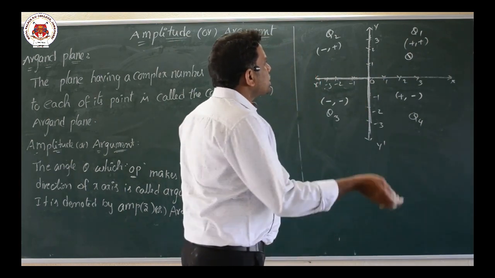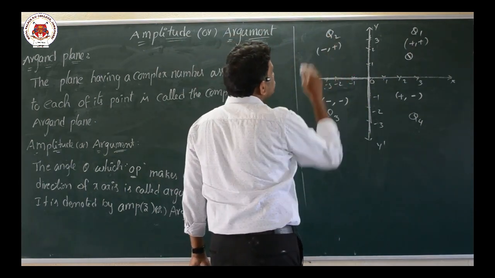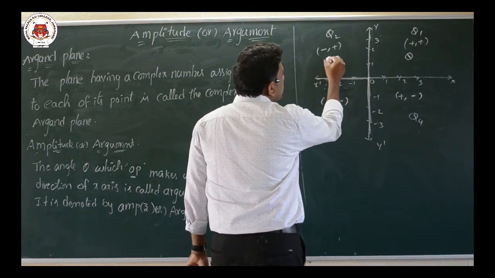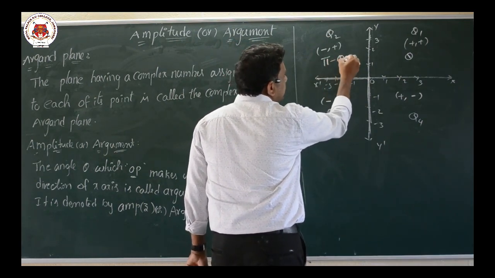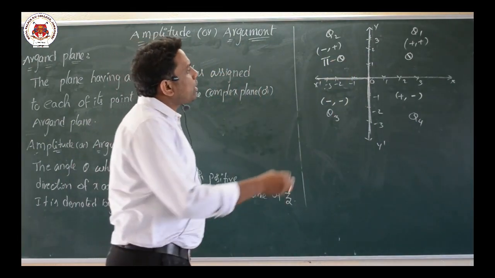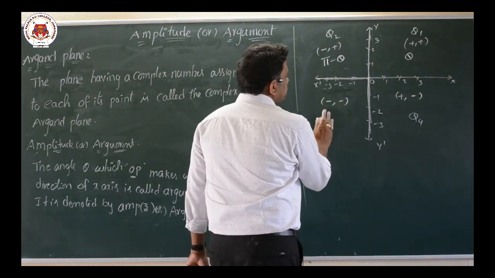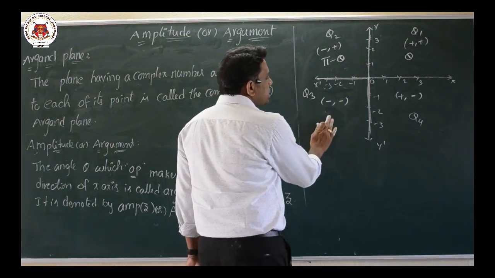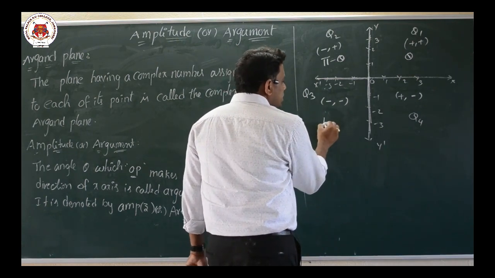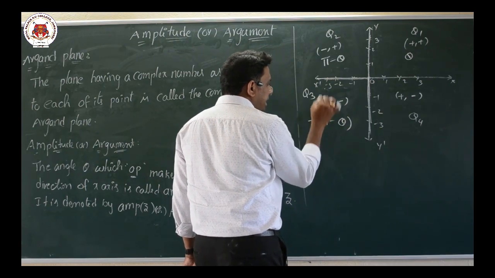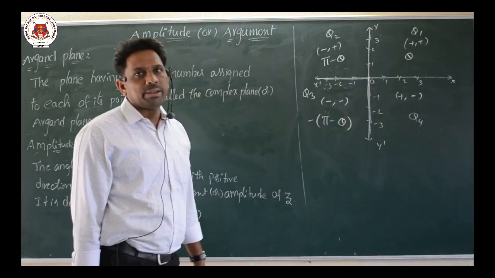Suppose a complex number belongs to the second quadrant, then its argument is pi minus theta. If the complex number belongs to the third quadrant, then its argument is the same pi minus theta, but you have to put a negative sign: minus of pi minus theta.